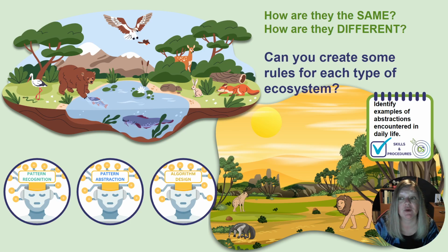And once we start to write some rules, what do we know about a desert ecosystem? Can you come up with a set of rules about what defines a desert ecosystem? Could you tell a machine how to tell if it's looking at a desert ecosystem? And then by doing these things, we're doing abstraction.